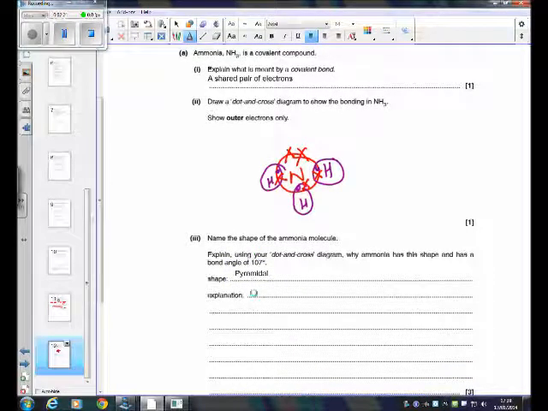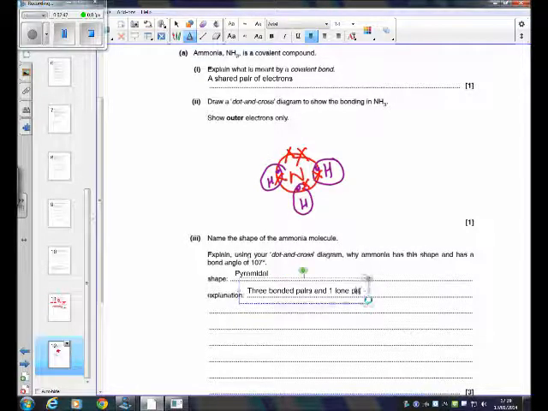And then you need to explain why. Basically the reason it's pyramidal is that there are 3 bonded pairs. You've got 1, 2, 3 bonded pairs and 1 lone pair, which is this pair of electrons at the top from your nitrogen.